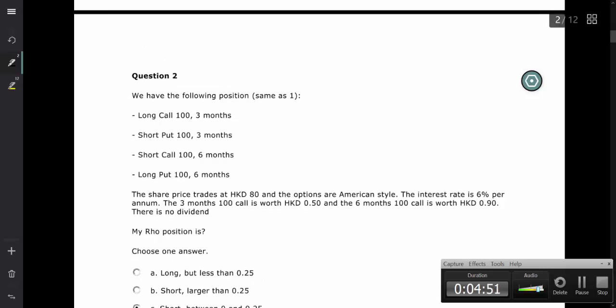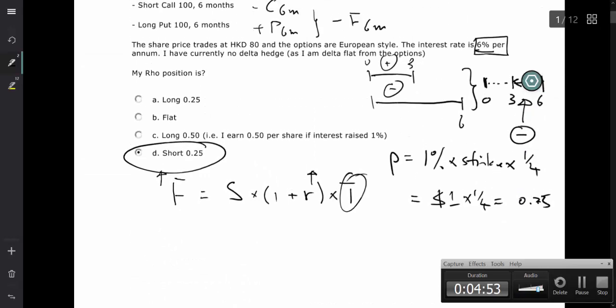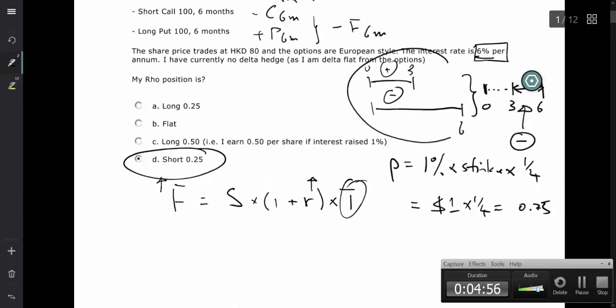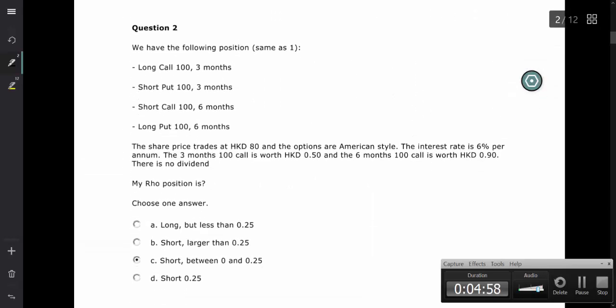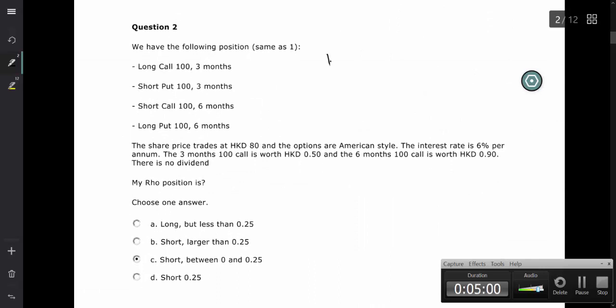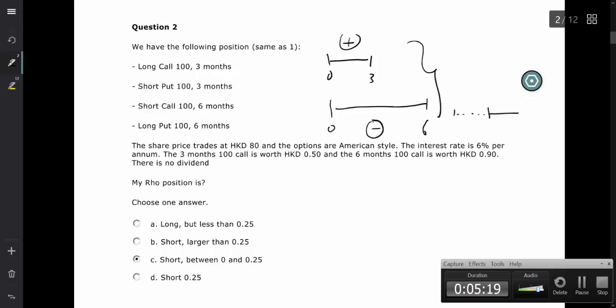Just to copy this diagram down here: between 0 and 3 you are long, and between 3 and 6 you are short. So you have a synthetic short position between 3 months and 6 months.